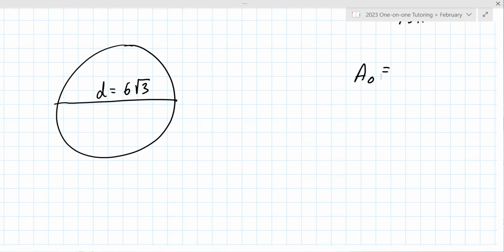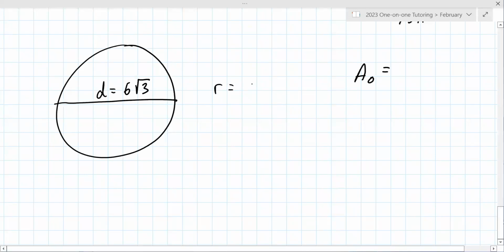Is it 9? You're getting closer. So what is the radius? Oh, the radius is 3 square root of 3. Okay, so the area of a circle is pi r squared, pi times 3 square root of 3, squared.